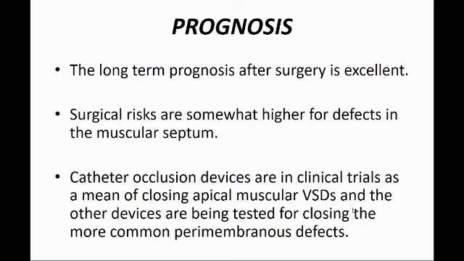Surgical risks are somewhat higher for defects in the muscular septum. As far as the recent advances are concerned, cardiac catheter occlusion devices are in clinical trials as a means of closing apical muscular VSD, and other devices are being tested for closing the more common perimembranous defects. So this was an overview of ventricular septal defect.